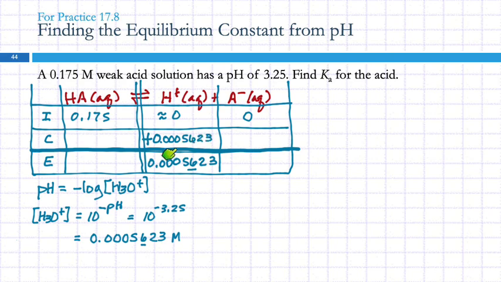If that went up by that much, how much did this one go up by? The same. And since it started at 0, its equilibrium concentration is going to be the same.